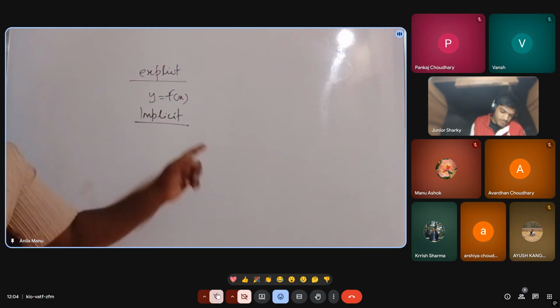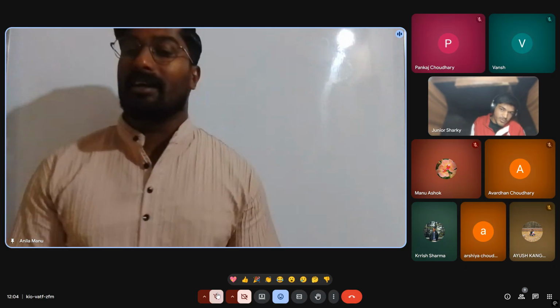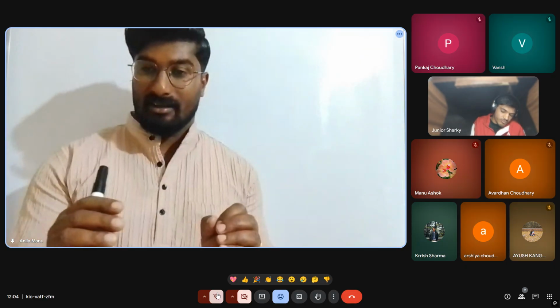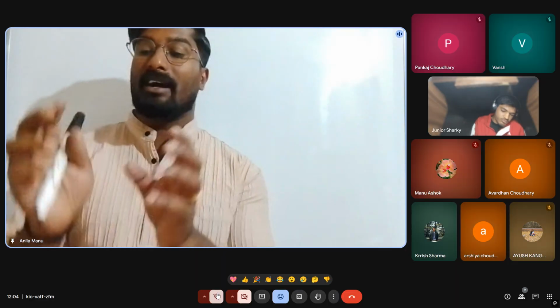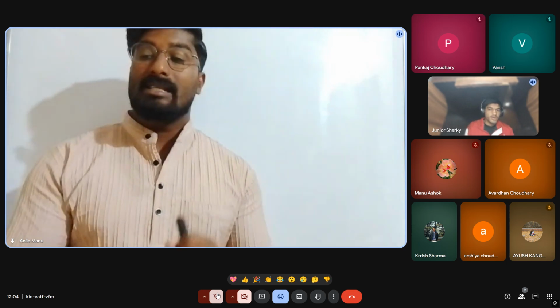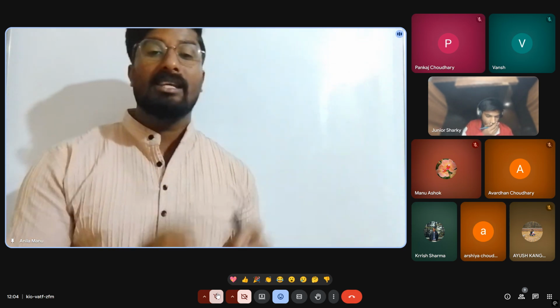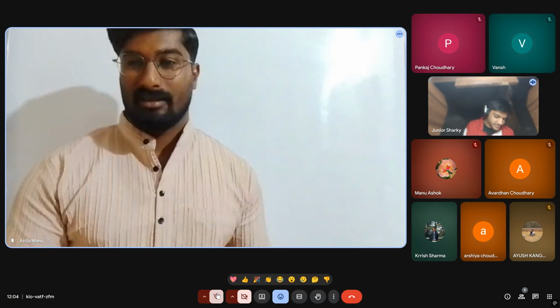Next is the implicit function. What is an implicit function? You can easily identify it. In an explicit function, y is equal to f of x, so you have only one variable, x. But in an implicit function you will have two variables, x and y.